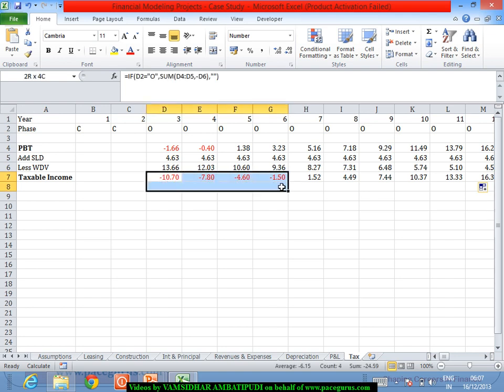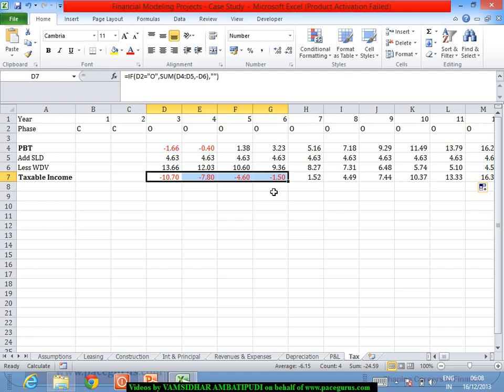So what the mechanism says is, until all these losses are covered, until my profit exceeds all these losses, I need not pay any kind of tax. But a MAT would be applied, which would be credited at later points in time.